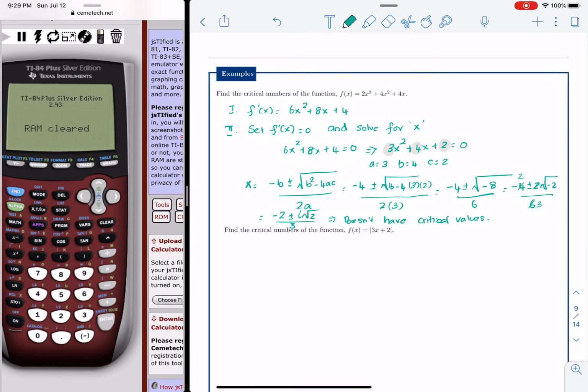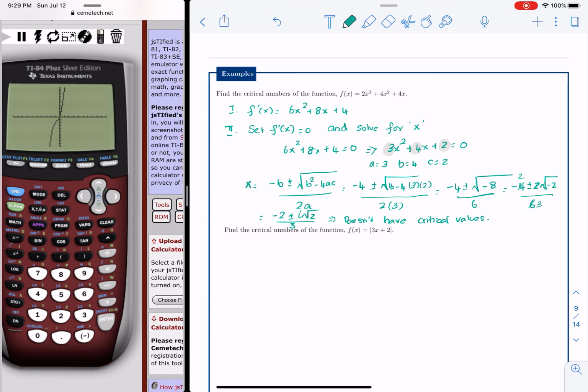I'm going to plug in the original function, which is 2x cubed plus 4x squared plus 4x. I'm going to graph this, and I end up getting that.